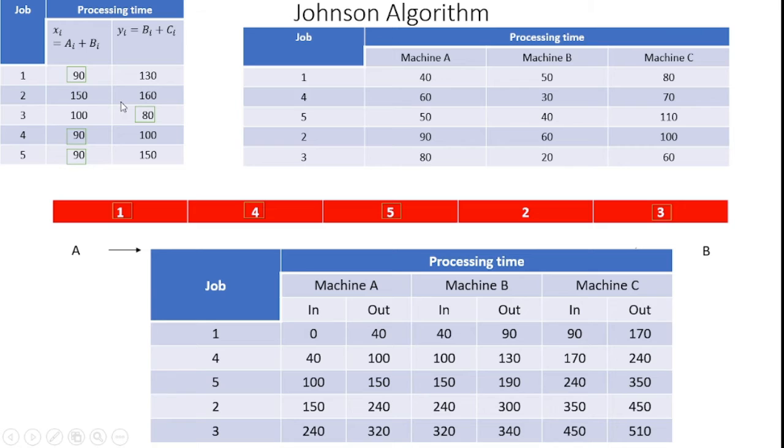After that, only one is balance, which is job 2, so I automatically allocate the second here. This is the sequencing procedure available with the Johnson algorithm. Here I re-altered the sequence: 1, 4, 5, 2, 3. That is what I get from the Johnson algorithm, I wrote like this: 1, 4, 5, 2, 3.